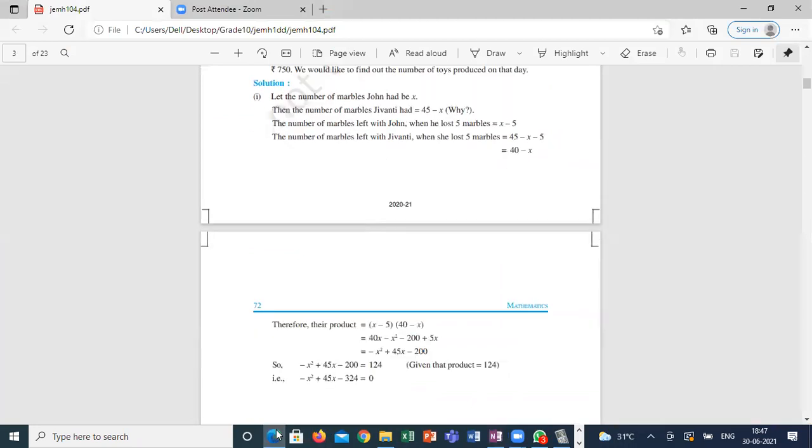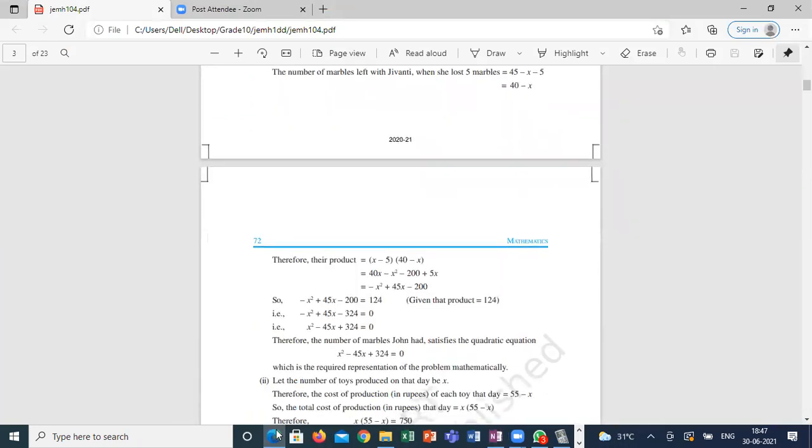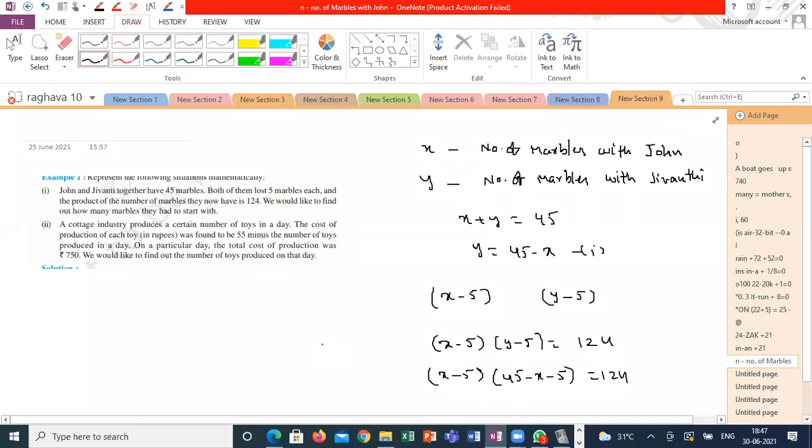Yes, 40 minus x. Correct. We will get a quadratic equation, x square minus 45x plus 200 is equal to 0, so it is equal to 124. Check. (x minus 5) into (40 minus x) is equal to 124.